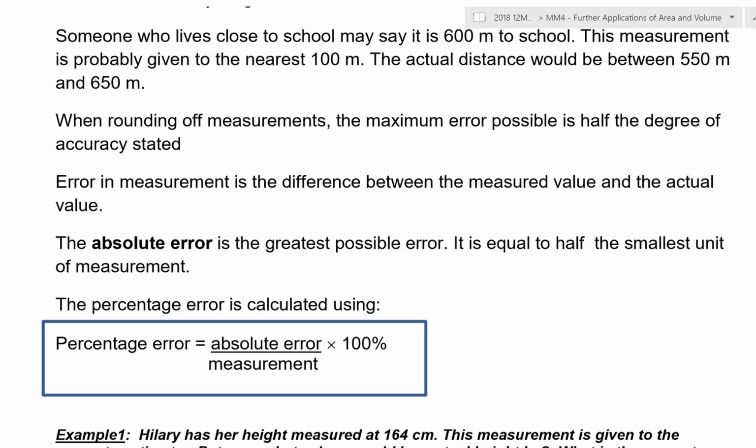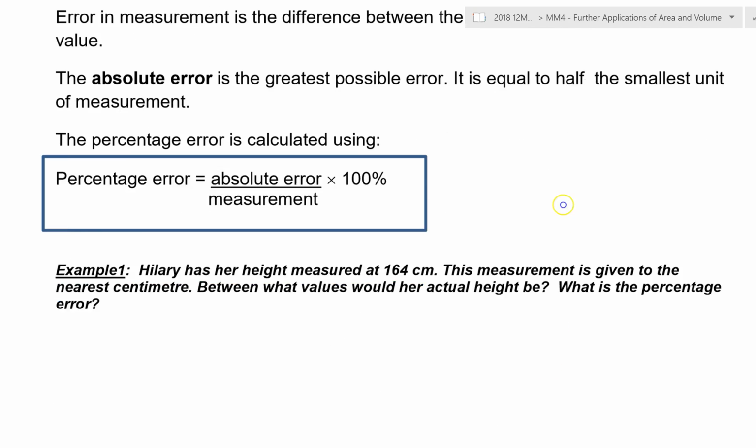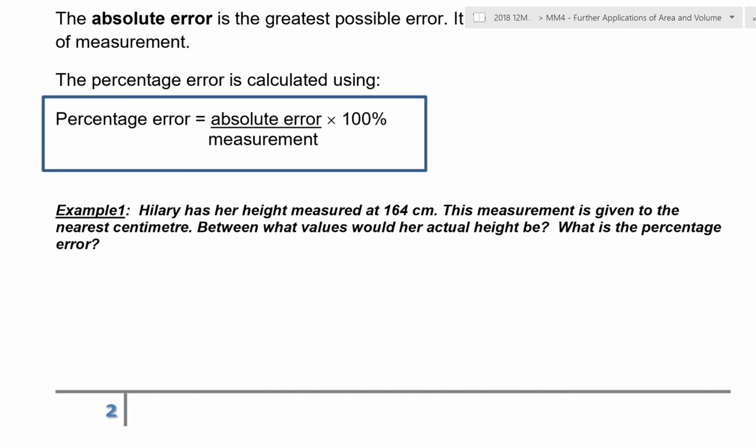Percentage error is your absolute error divided by the measurement, expressed as a percentage. Now I'll show you how that works. So here we go. Hillary has a height measured at 164 centimetres. Now, the measurement is to the nearest centimetre. So my absolute error is equal to plus or minus half of a centimetre, 0.5 centimetres.